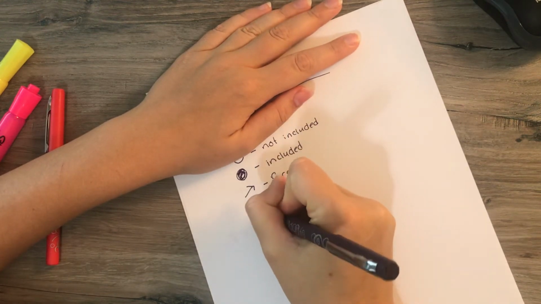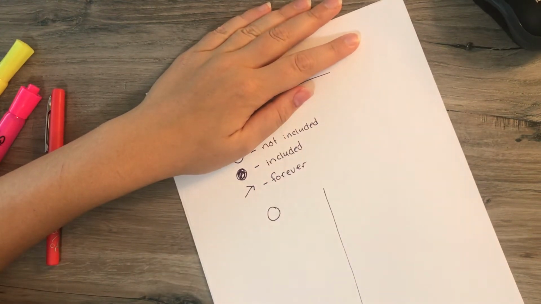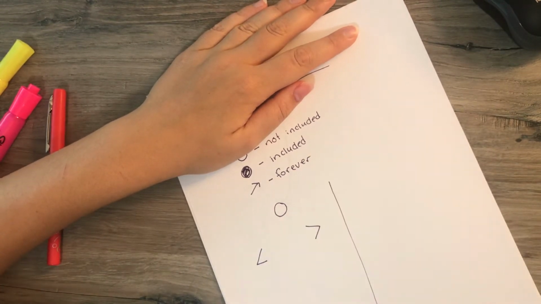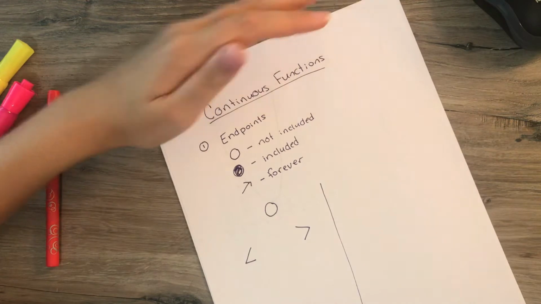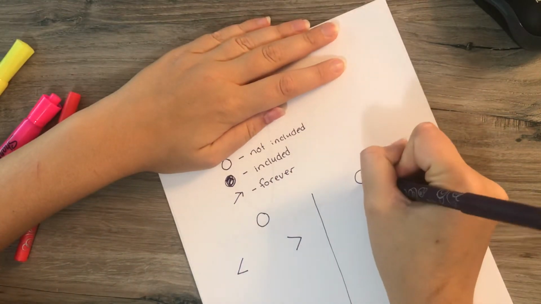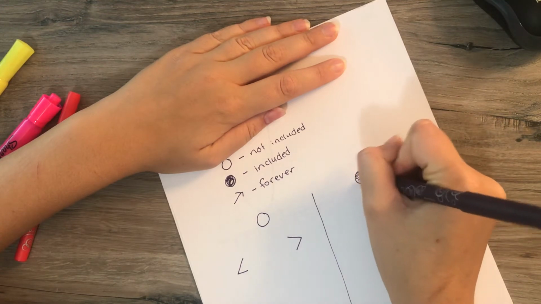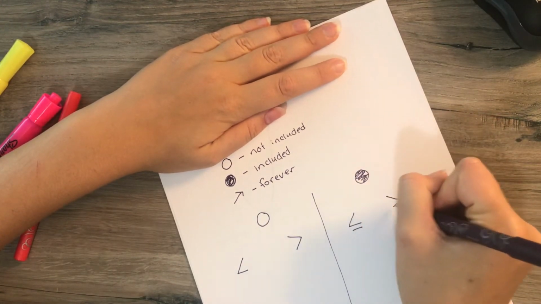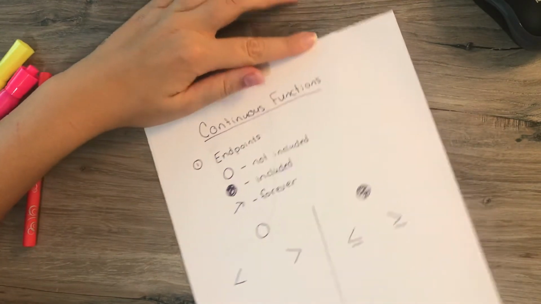So if we have an open circle, you can either use less than or greater than, because that point's not included. It's not going to be equal to. If you have a closed circle or a filled in circle, you can either use less than or equal to, or greater than or equal to.